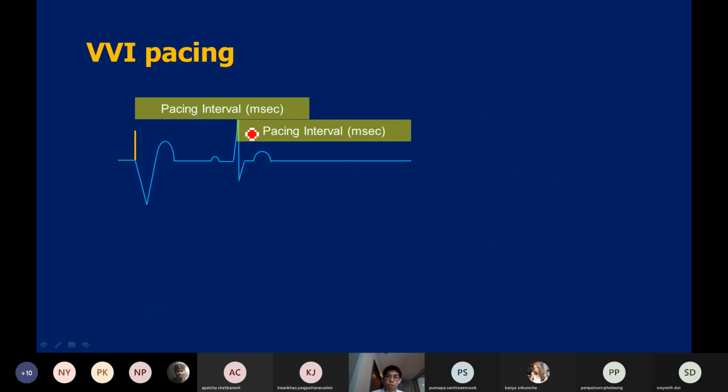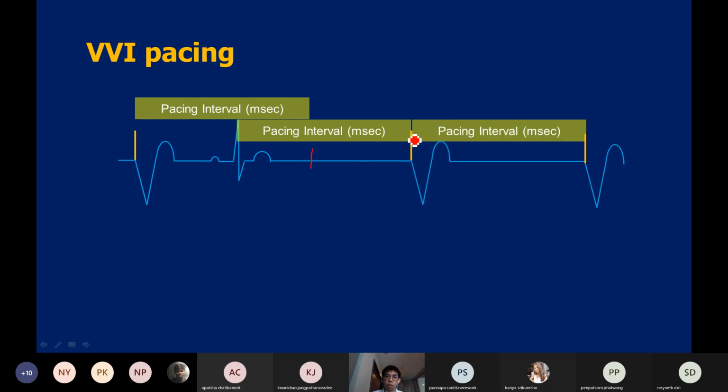Usually if there is no intrinsic here, the pacemaker should pace here with the pacing interval we set. But if the pacemaker senses the intrinsic here, the pacemaker would change the interval and count a new interval from the sensed wave to here.